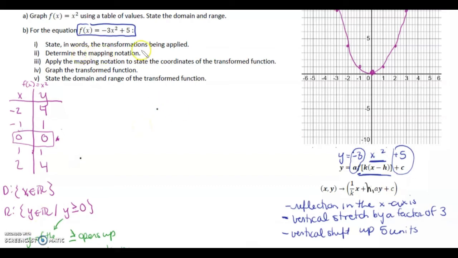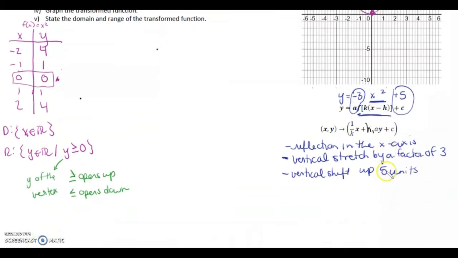Okay, so now let's determine the mapping notation. So we know that there is no k value and no h value. So our (x, y) maps onto just x. And then if we look at ay + c, our a value is negative 3, so negative 3y, and then our c value is plus 5.